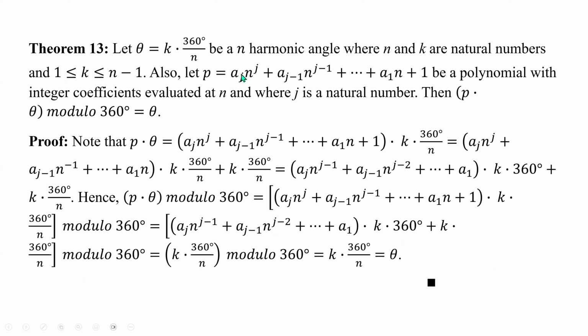Okay, also let p equal a sub j times n to the j power plus a sub j minus 1 times n to the j minus 1 power plus dot dot dot plus a sub 1 times n to the first plus 1 be a polynomial with integer coefficients evaluated at n, and where j is a natural number.